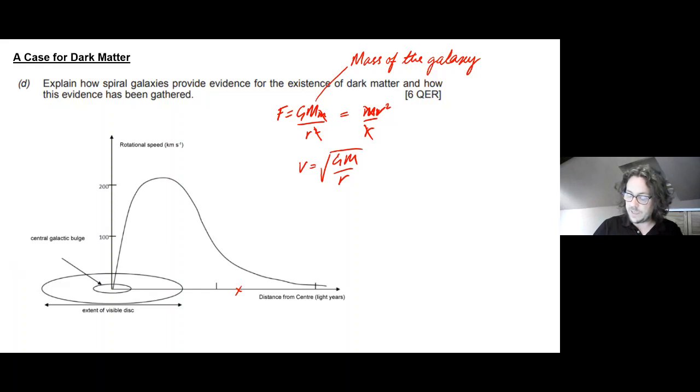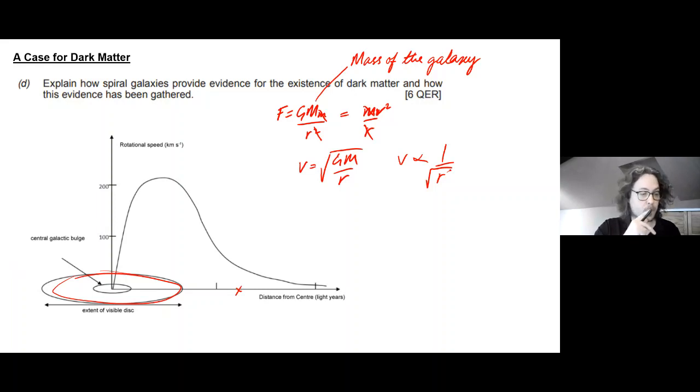And if we were to do so, as soon as we get away from the main mass of the galaxy here, it starts to taper off, right? Essentially v is proportional to 1 over the square root of R, and we should see that orbital velocity tail off nicely and come right down.